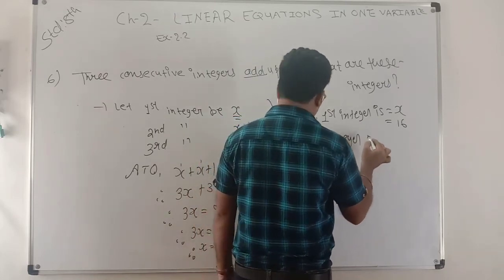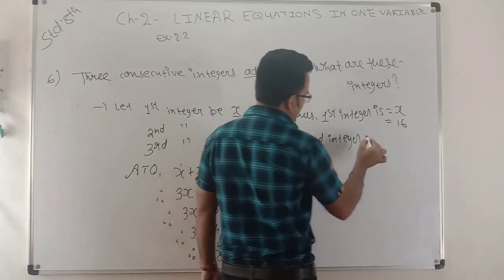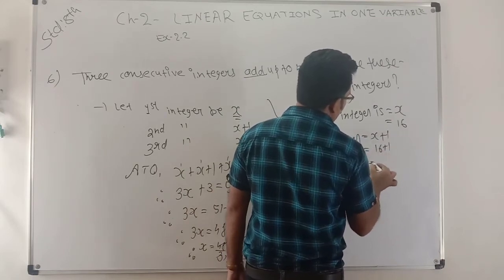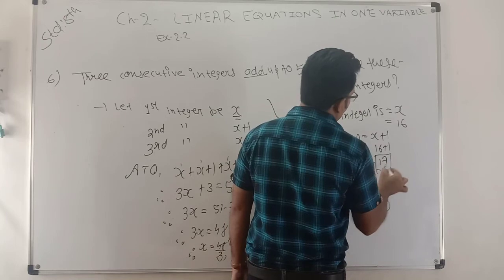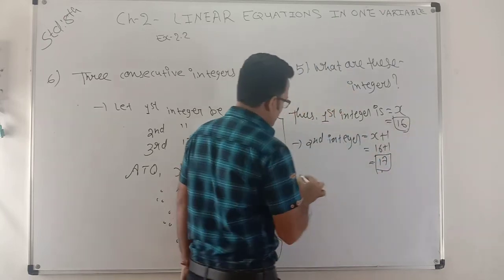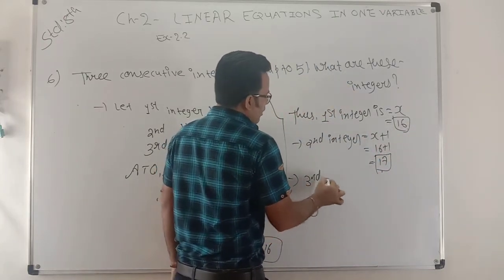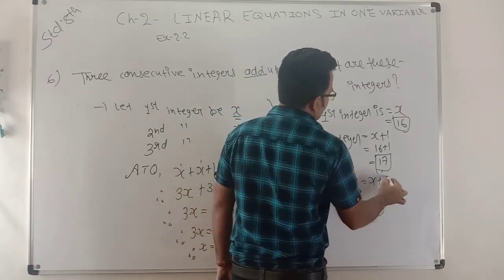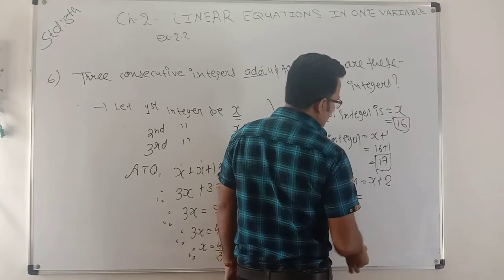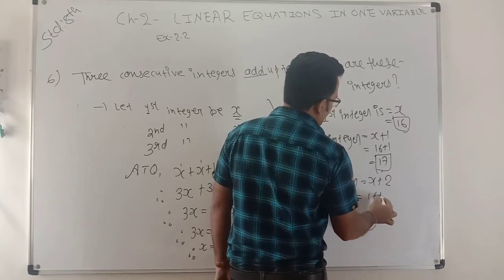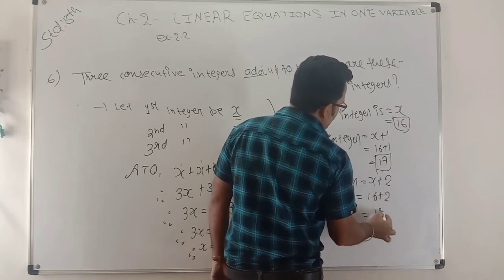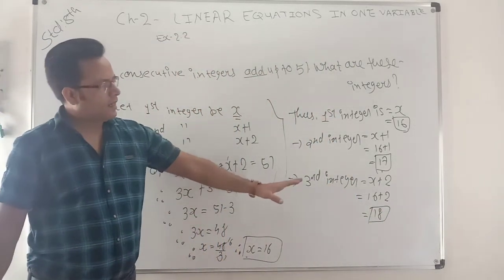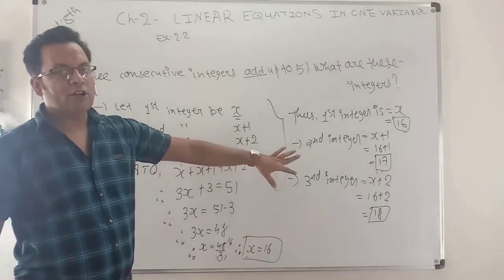Second integer, that is x plus 1, is equal to 16 plus 1 is equal to 17, and your third integer, that is x plus 2, is equal to 16 plus 2 is equal to 18. So these are the required numbers.